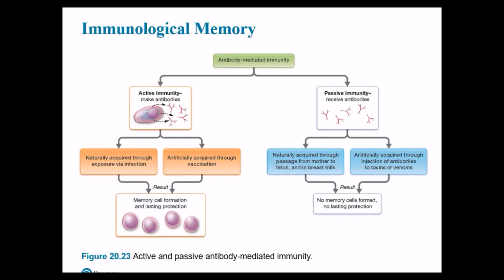And so that's an example of a passive immunity where you transfer antibodies to another person. And again, you don't have any type of memory cells that are formed, so you don't have any long-lasting protection.